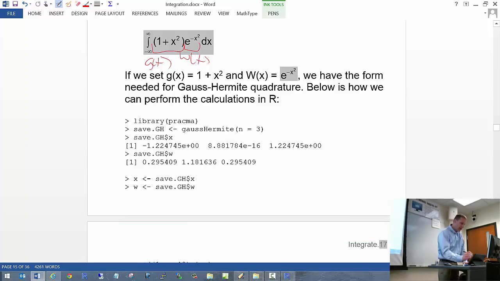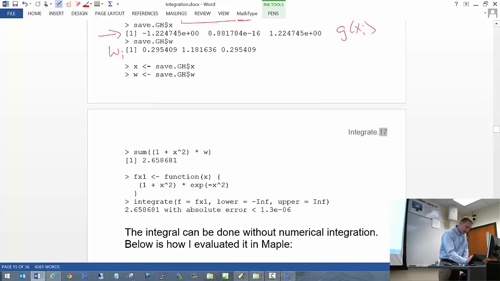And if I use a particular function from the pracma package, and I specify I want 3 points of quadrature, I get my x values to evaluate my g of x at, and then I also get my weights out, similar to what we saw previously.